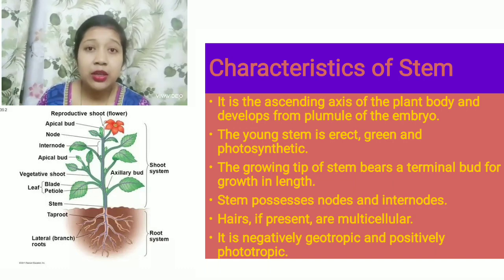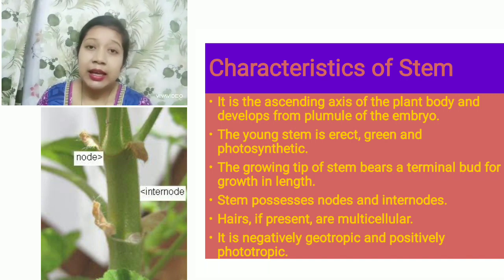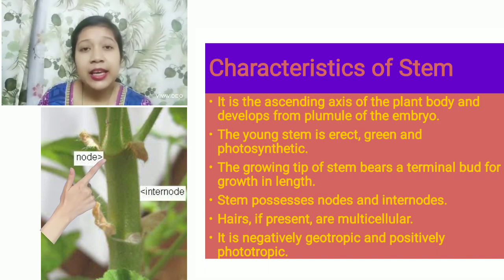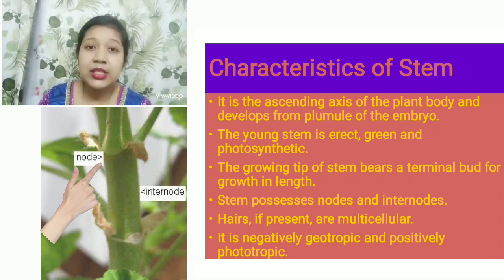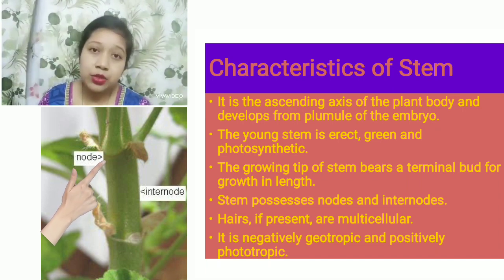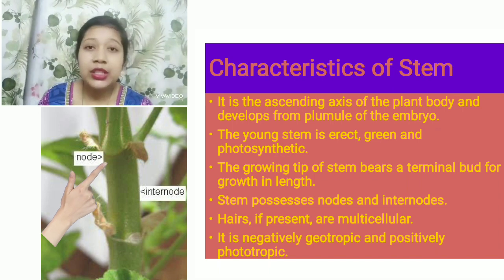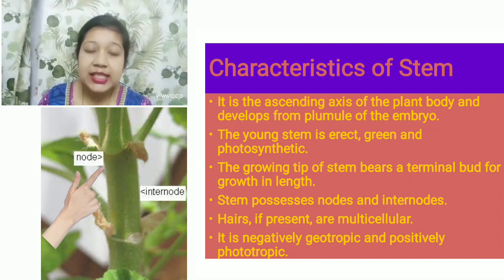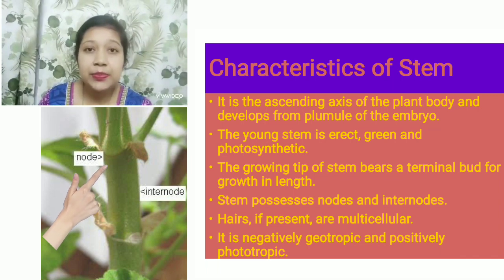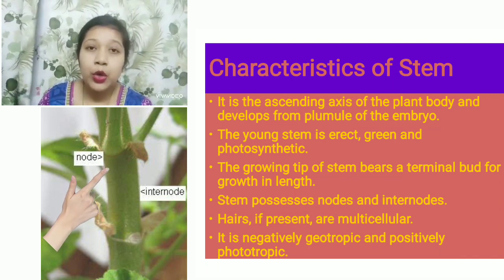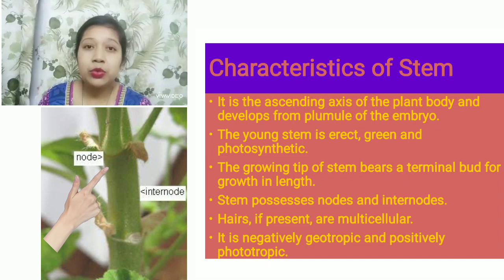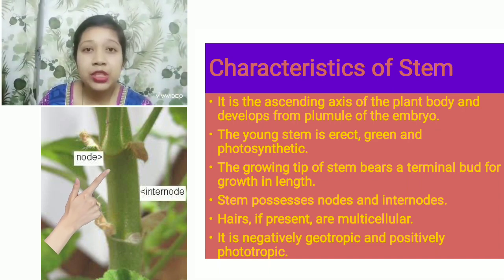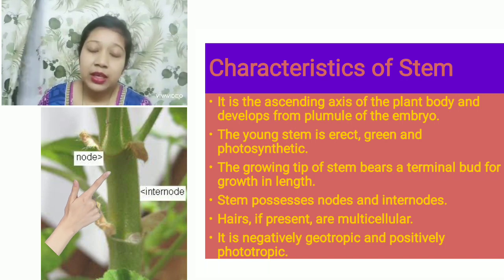Now let's come to the fourth point, and a very important one: every stem bears nodes and internodes. Now what are these nodes and internodes? Nodes are some condensed parts of tissue which give rise to the leaves or to the branching of the stem.